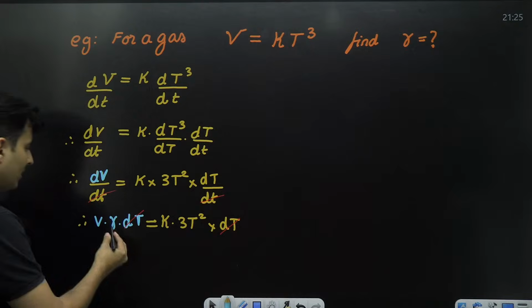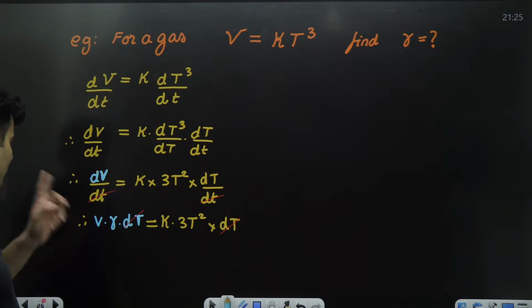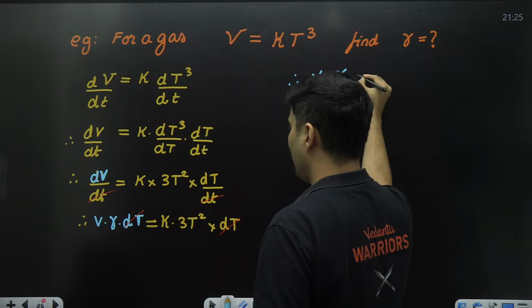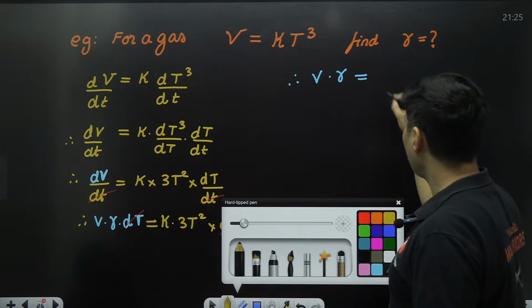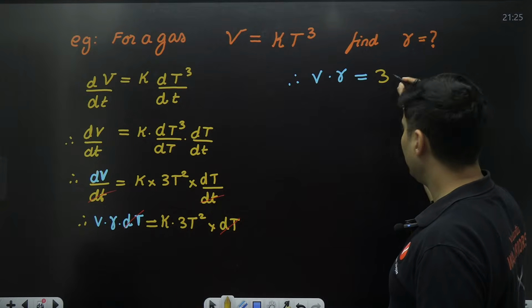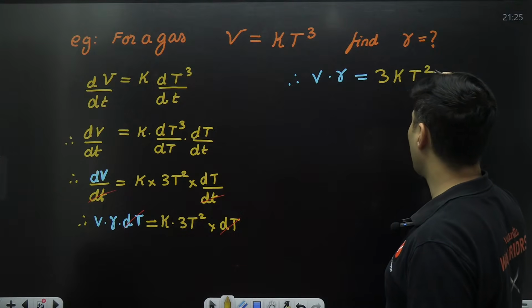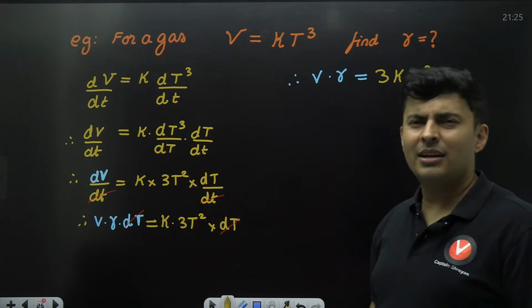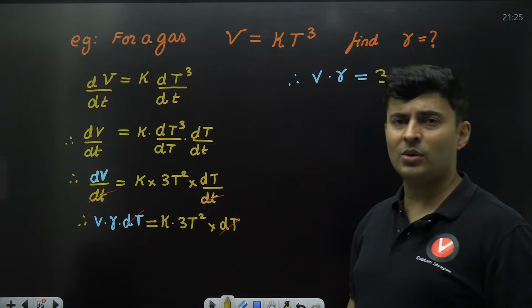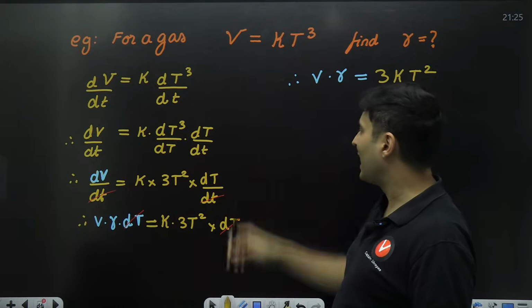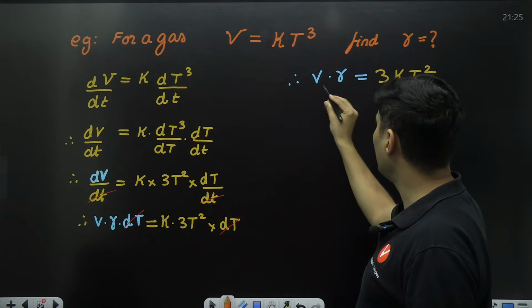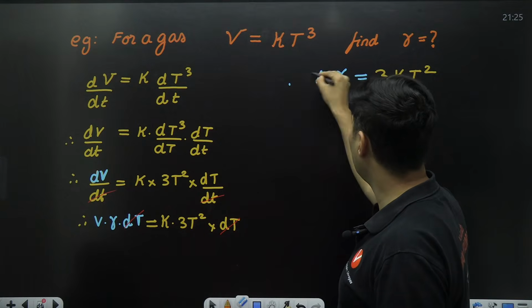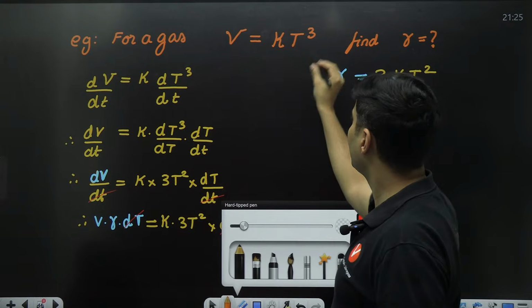What am I left with? Volume is there, gamma is there, equal to 3 K T square. So I got the value of gamma: it is 3 K T square by V. Wait a minute, there is more simplification you can do. Can't you see volume actually is nothing but K into T cube?